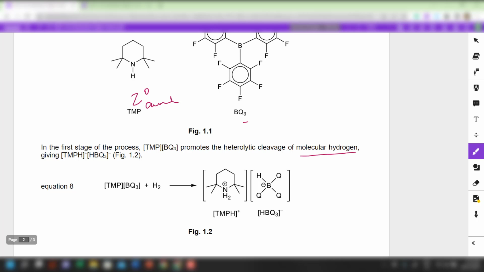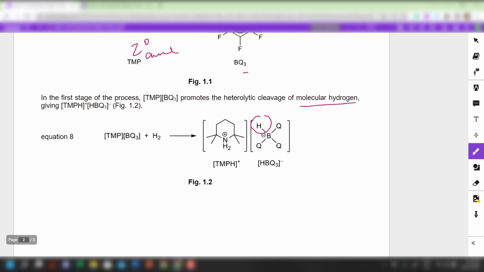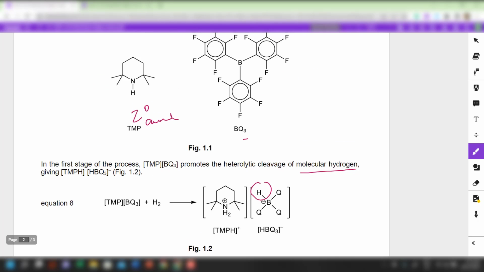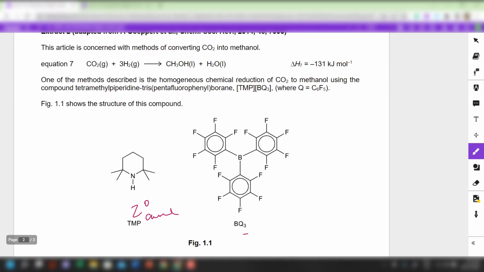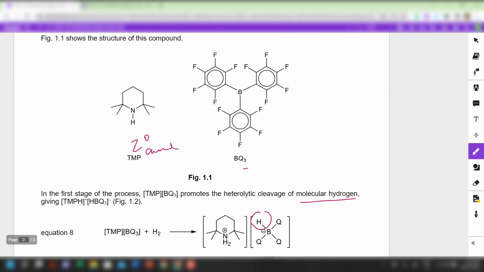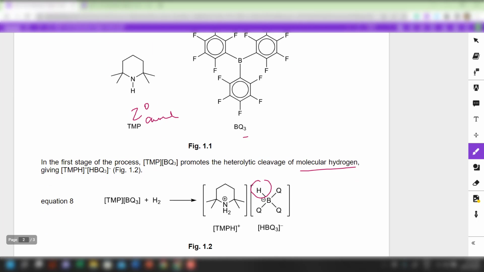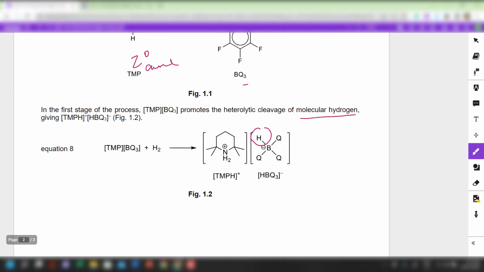This is quite important because the heterolytic cleavage of molecular hydrogen provides the hydride, which later on could be responsible for some form of reduction. Again, as a student reading this at this instance, you might not be very sure what exactly is going on, but it doesn't really matter.